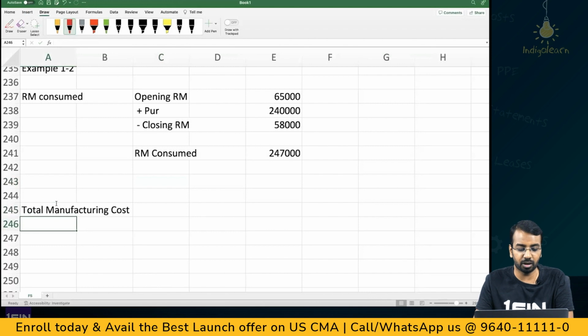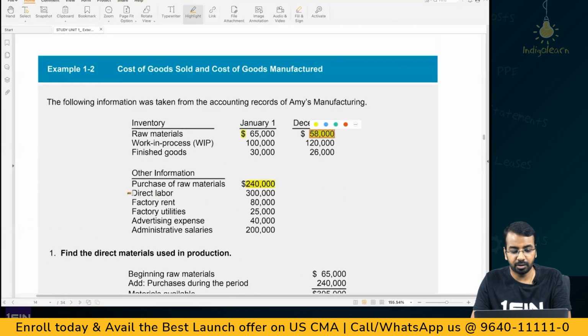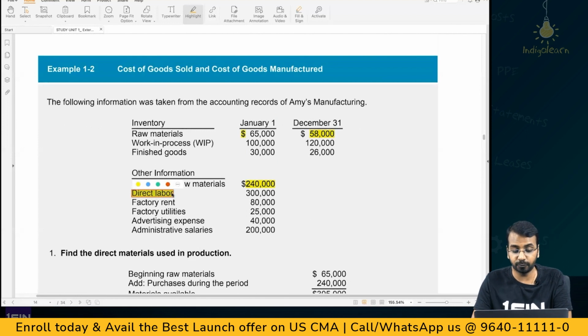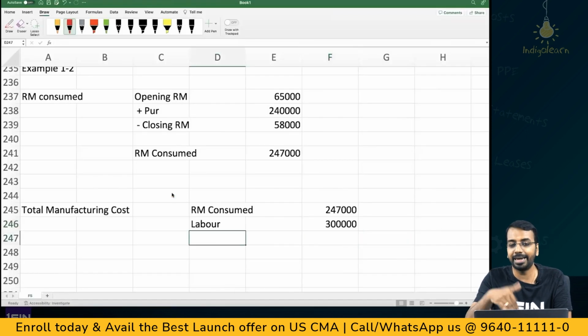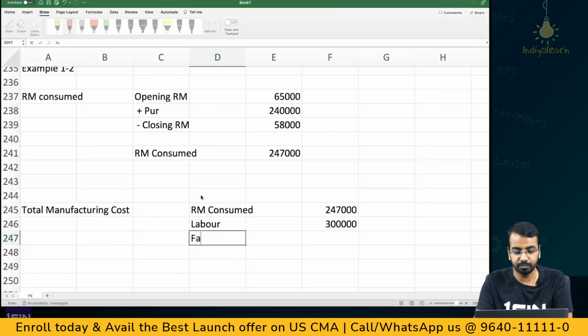Now, for total manufacturing cost, we need raw material consumed. From here, we can get it. Then labor. They have given direct labor. Please remember only direct labor, right? Direct labor, 300,000. Indirect labor will be a part of your overhead. Factory rent is an overhead, so you'll add factory rent as well, 80,000.